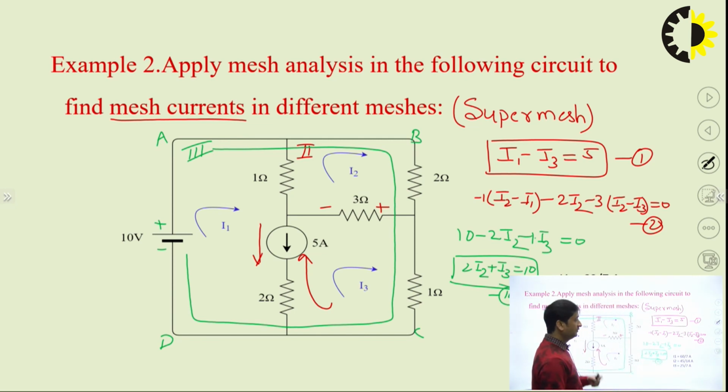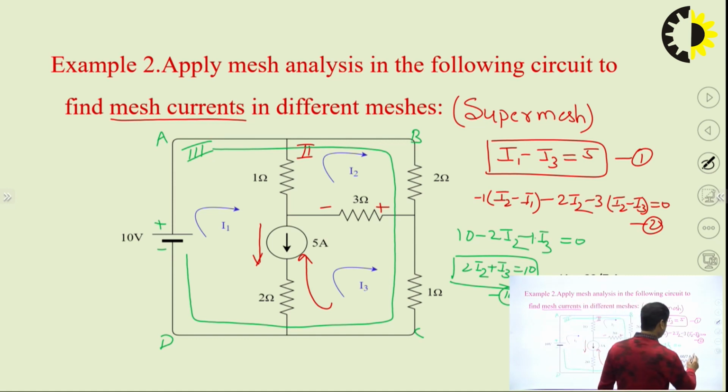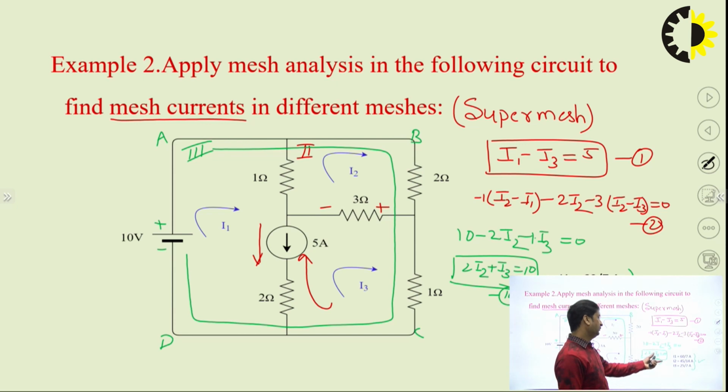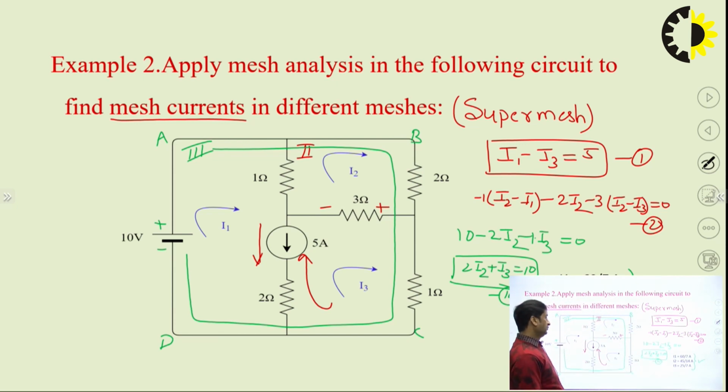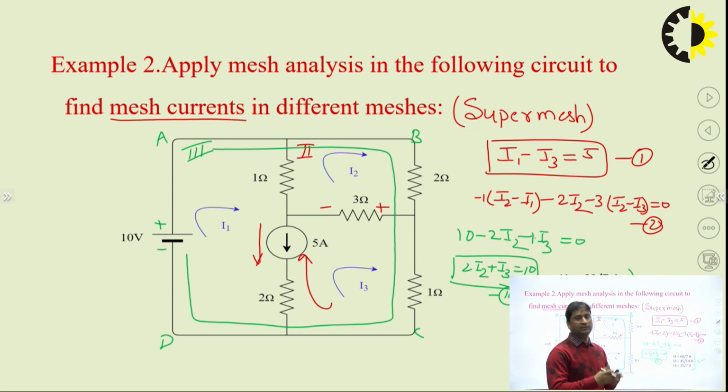So 3 equations, 3 variables, you can solve easily, and these are the answers. When you calculate, you will get this. Just simplify these 3 equations. This is one of the important cases when there is a current source in a particular mesh. Then it is very difficult for us to apply the KVL.